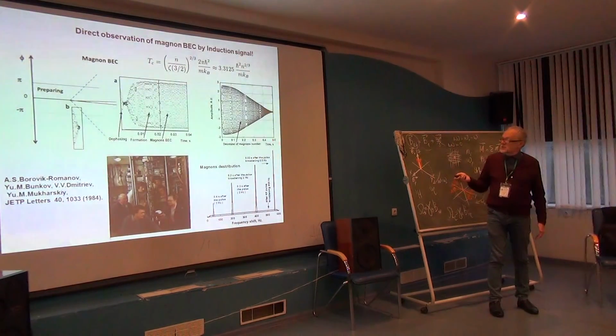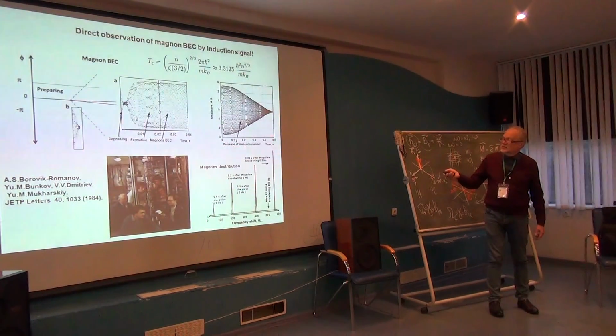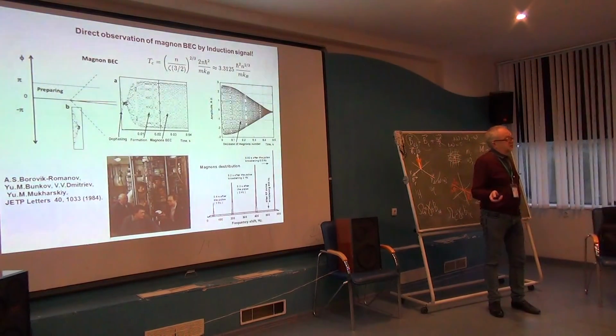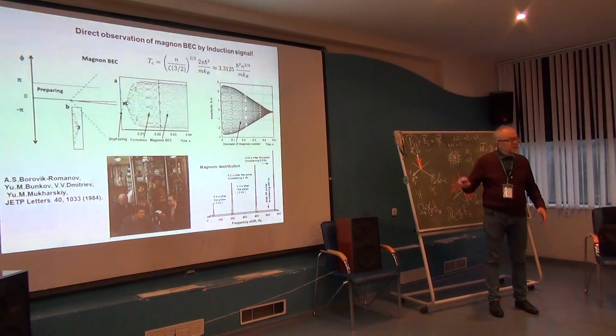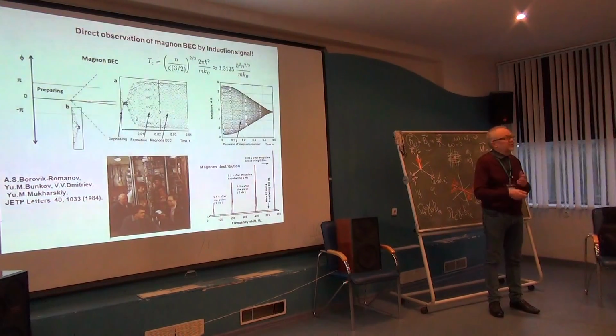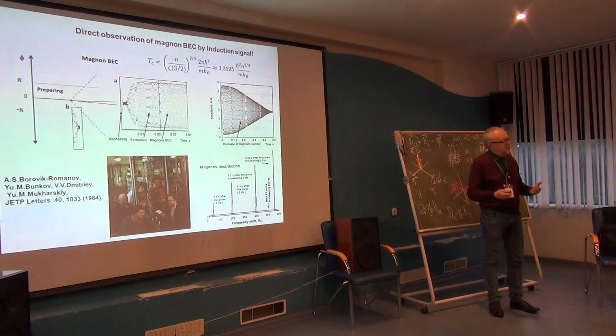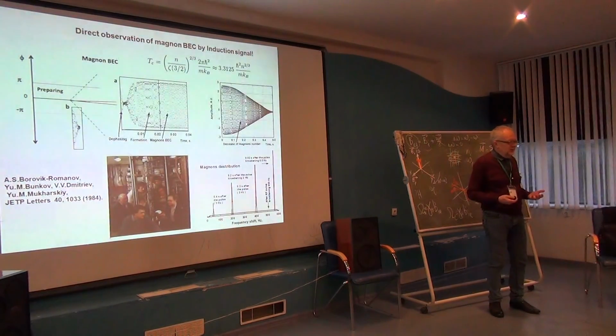In our experiments, you see we have a signal here of half a second at a frequency of 1 megacycle. So it's a very, very coherent system. And the decay is not because of some process of decoherence inside; it decays because the number of magnons decays.